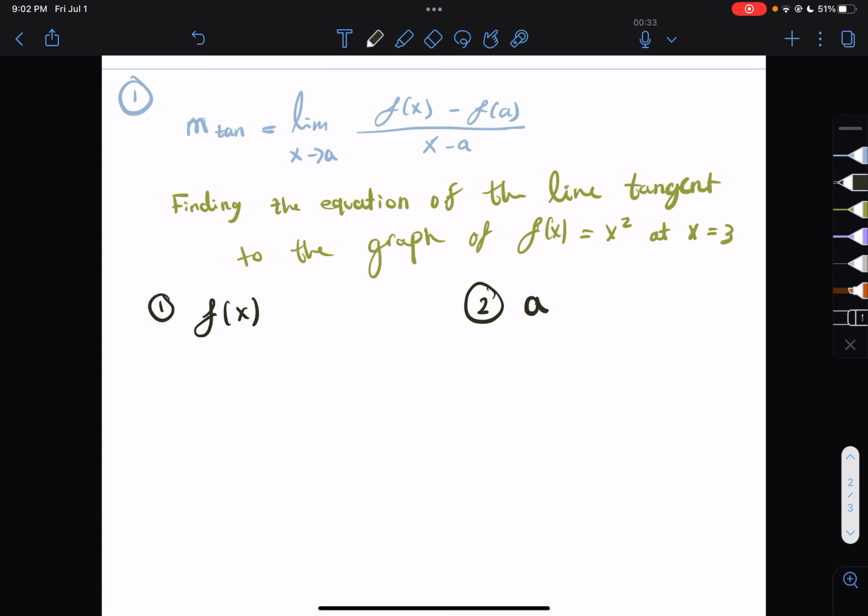In here, we're going to put x squared minus 3 squared, because a is 3 and x is the variable, right?